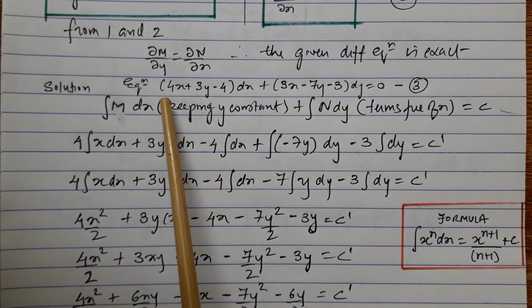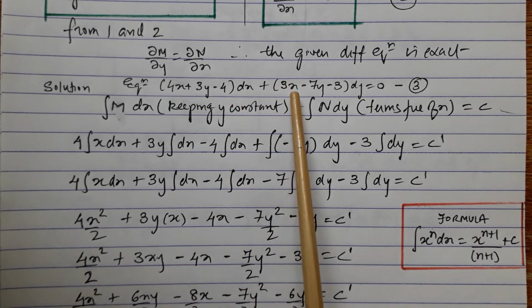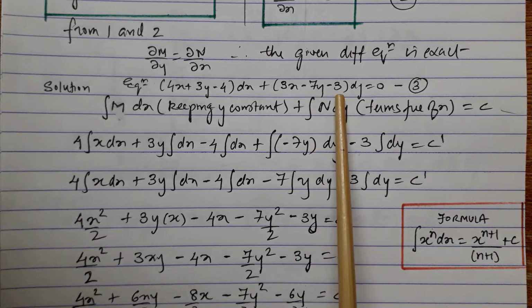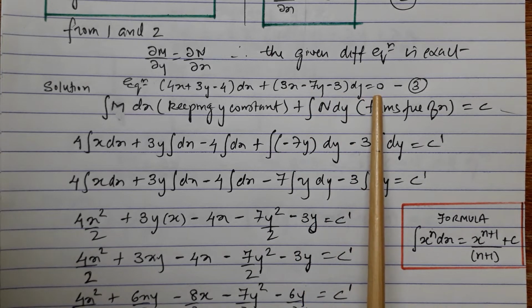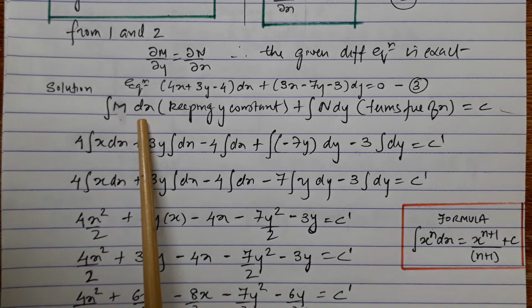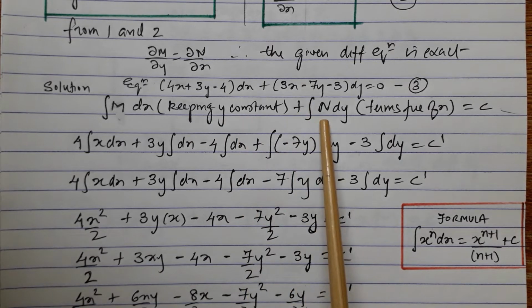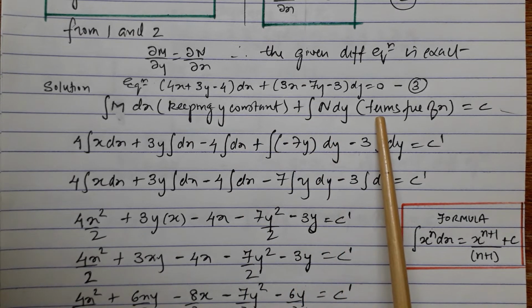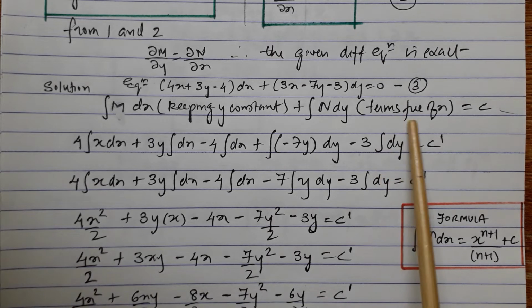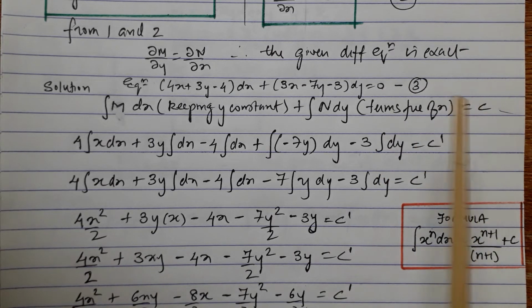So, the given differential equation is (4x + 3y - 4) dx + (3x - 7y - 3) dy equal to 0. So, the solution is integral of M dx keeping y constant plus integral of N dy, integrating only those terms which are free of x, that is equal to c, where c is some constant.